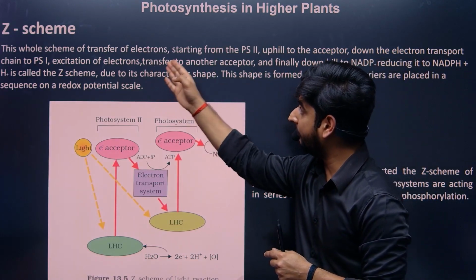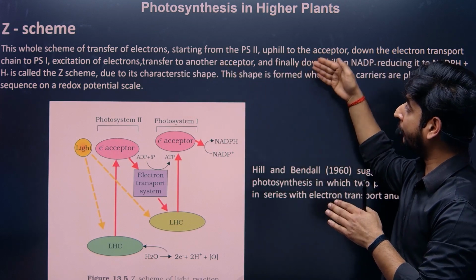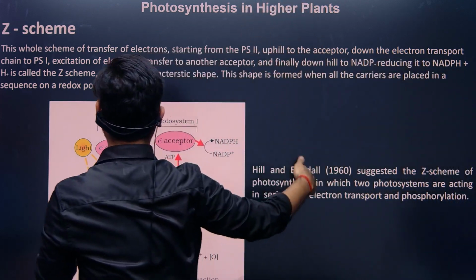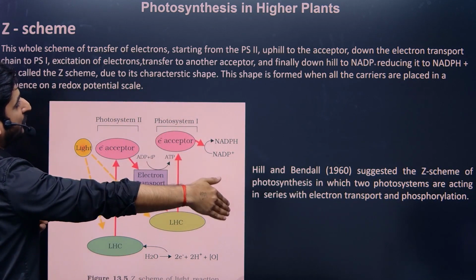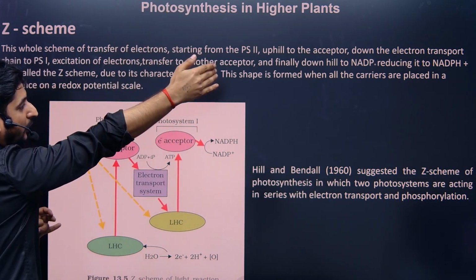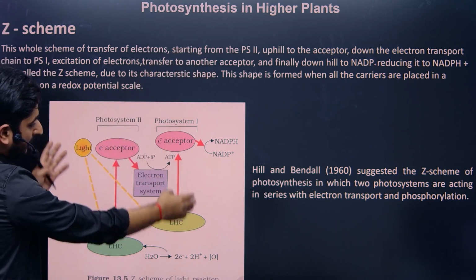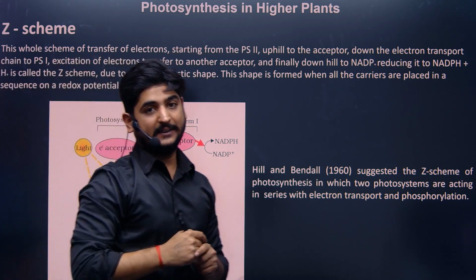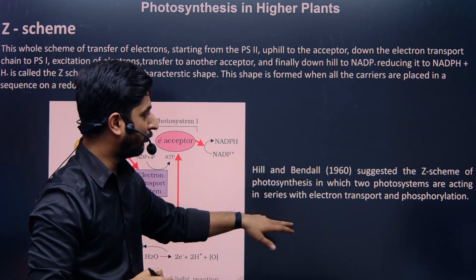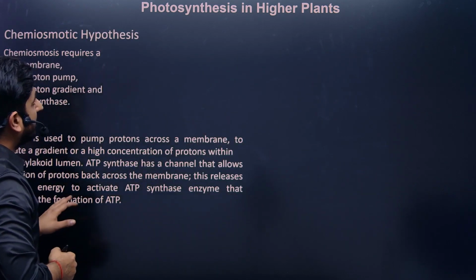The whole scheme of transfer of electrons, starting from PS2 uphill to the acceptor, down the electron transport chain to PS1, then again to the higher state, and then to NADP reductase. This complete scheme is known as the Z scheme. Hill and Bendall suggested the Z scheme of photosynthesis in 1960.